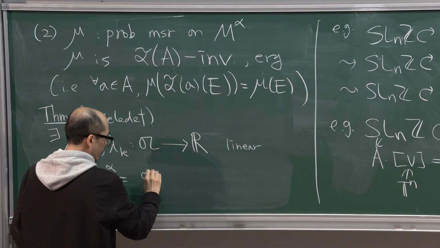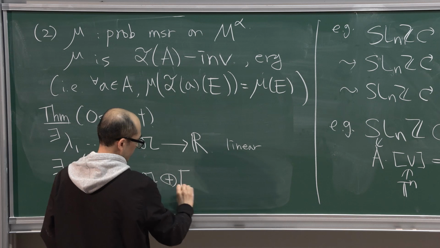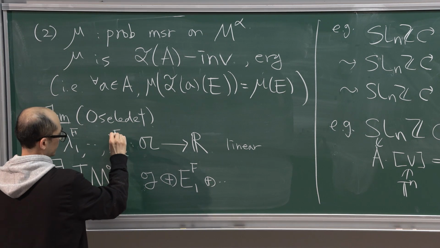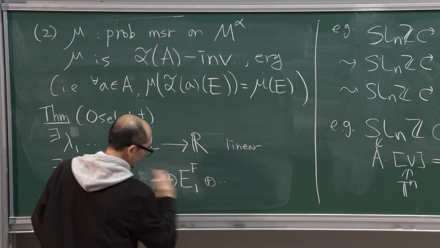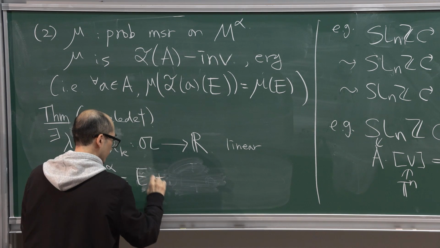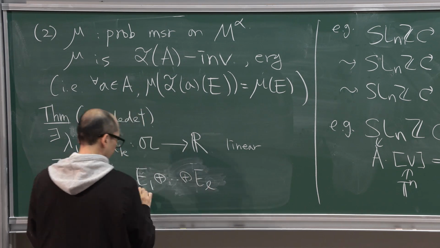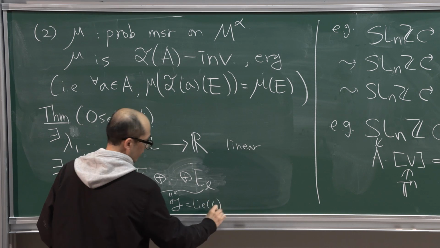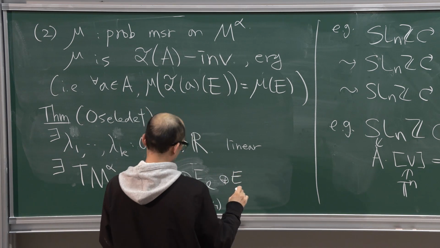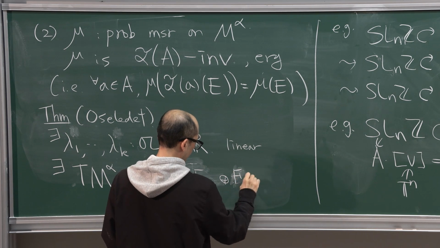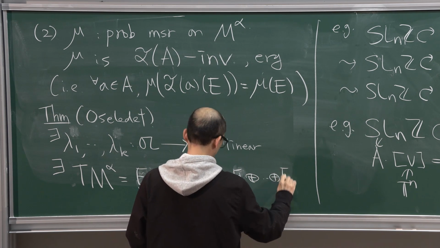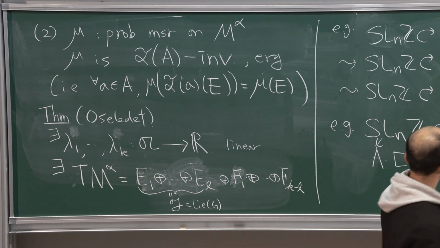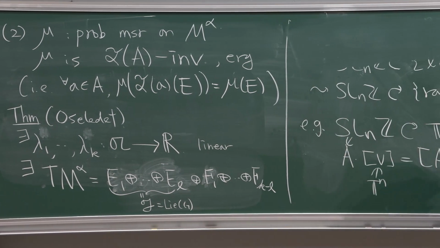So actually, you have the Lie algebra plus, let's write down E1 through EL, and actually this will be the Lie algebra of G, plus let's say F1 through F, I have K minus L. So there exists a splitting. But this is not a continuous splitting. This is just a measurable splitting.